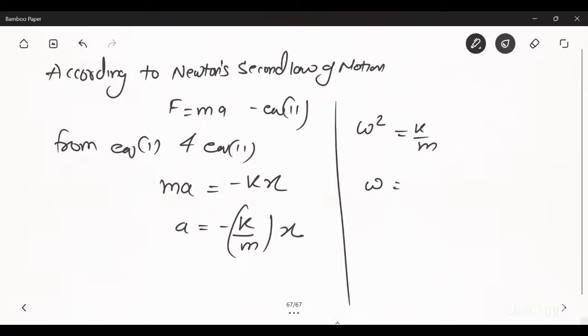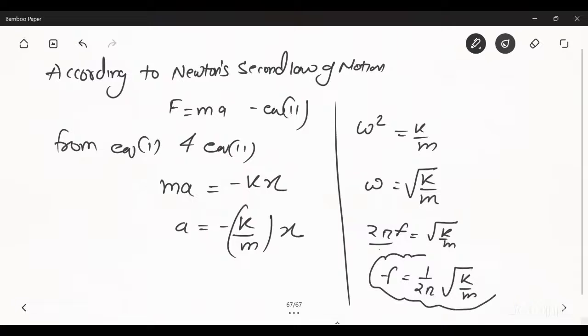Omega is equal to under root k by m. So omega is equal to 2 pi f, which is equal to under root k by m. So the value of frequency will be 1 upon 2 pi under root k by m. That was the value of frequency in S.H.M.